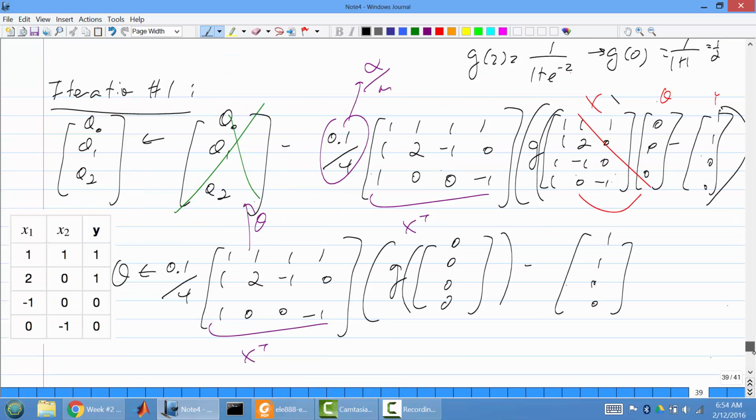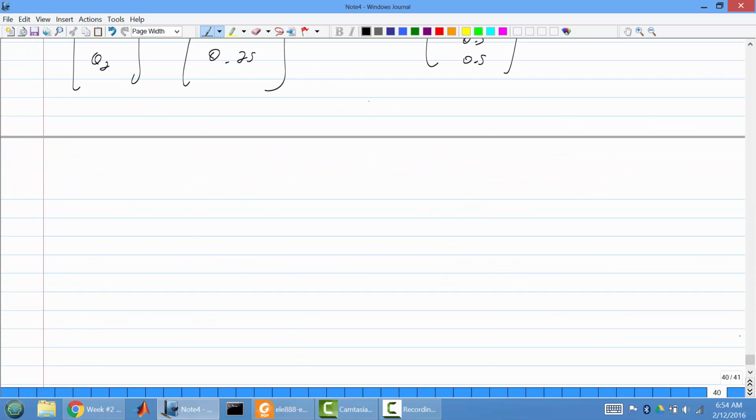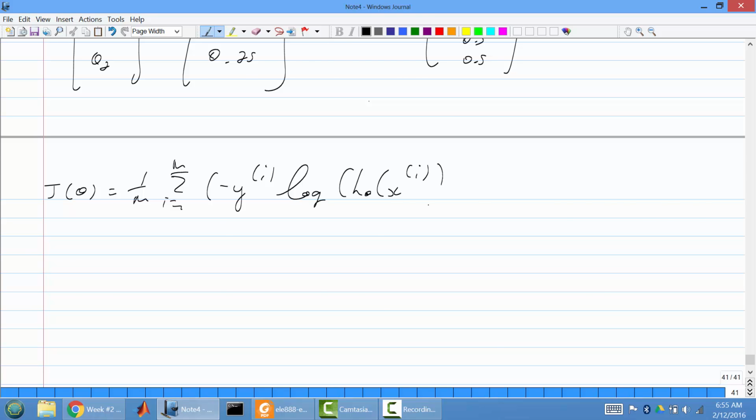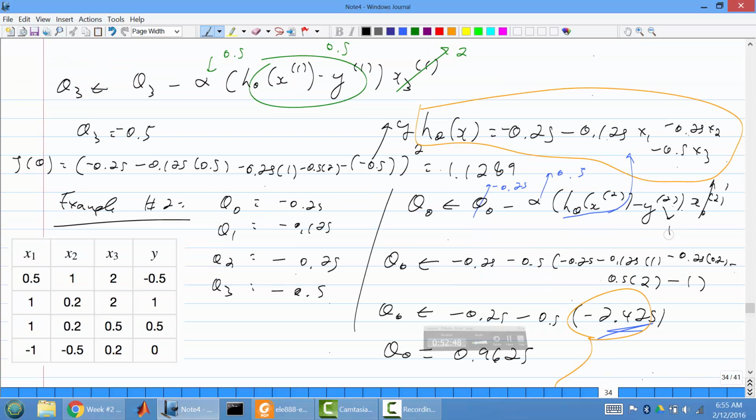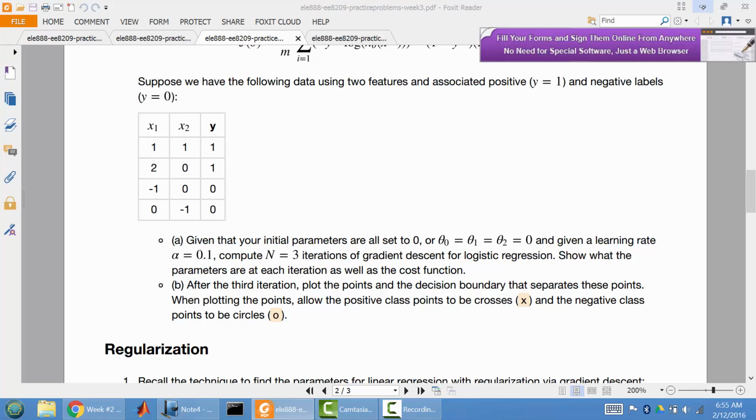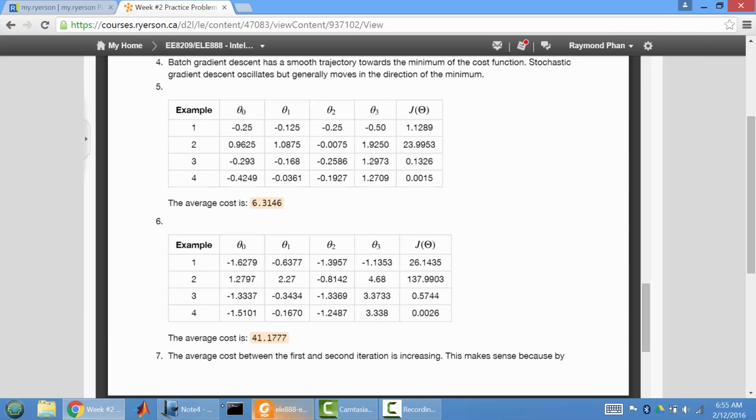Okay? And then the cost function is a little more difficult. I'm only going to show you how to compute this once, and then I'll leave it up to you to do the rest. So it was 1 over m. I'll leave the regularization last, I'll do that after.